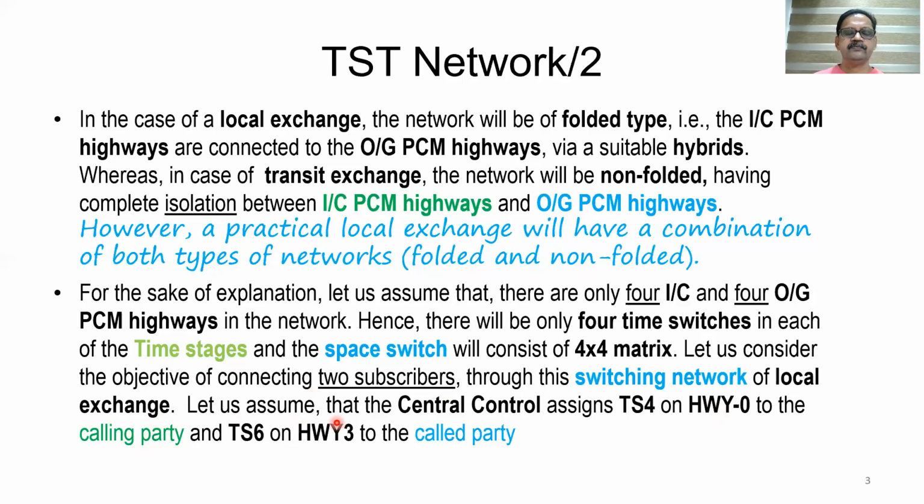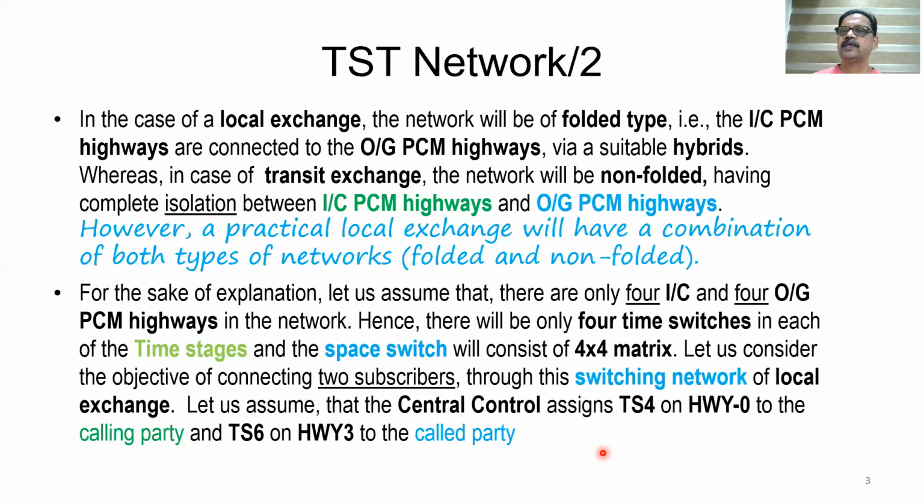Let us assume that the central control assigns TS4 on highway 0 to the calling party and TS6 on highway 3 to the called party. Since we are considering 4 PCMs for incoming and outgoing, we have 4 PCM highways.